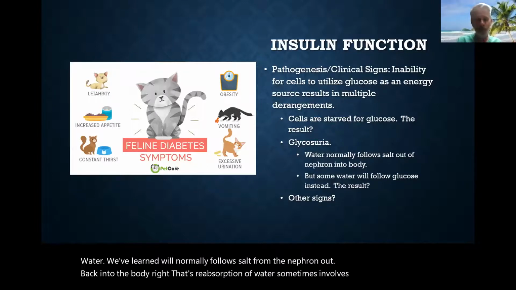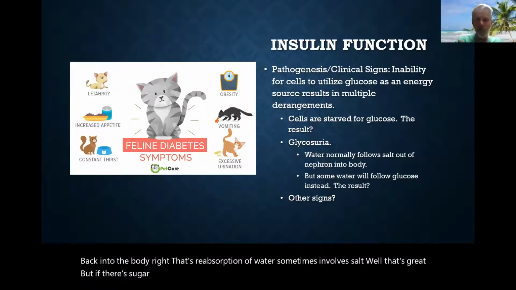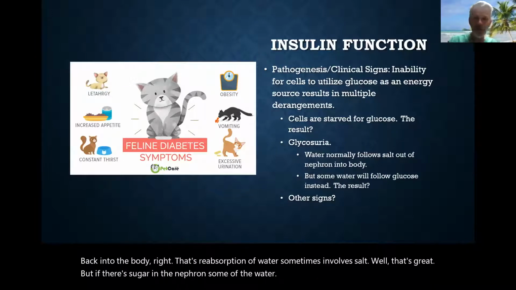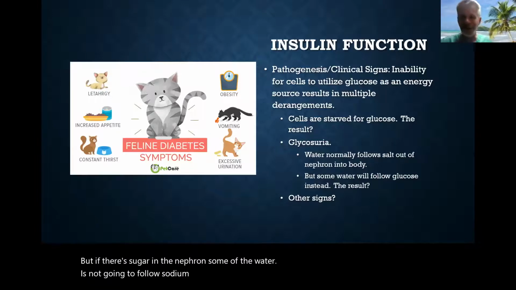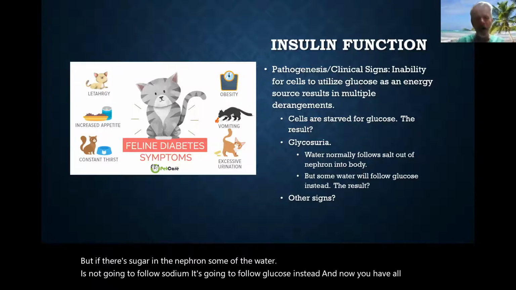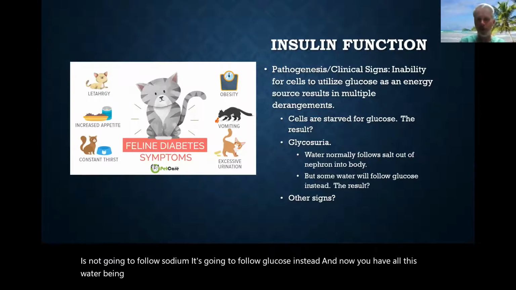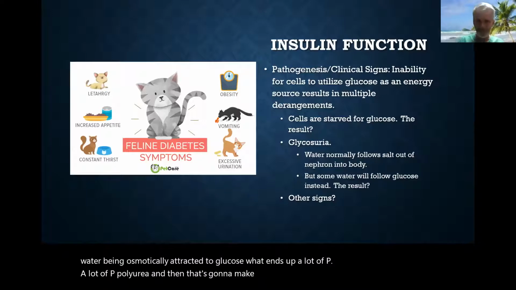Well, that's great, but if there's sugar in the nephron, some of the water is not going to follow sodium, it's going to follow glucose instead. And now you have all this water being osmotically attracted to glucose. What ends up? A lot of pee, polyuria. And then that's going to make the patient drink a lot more.